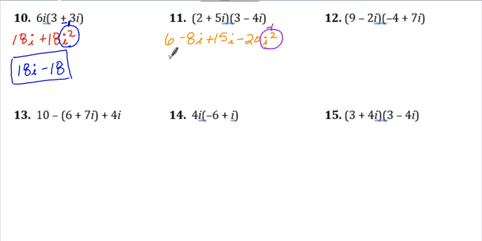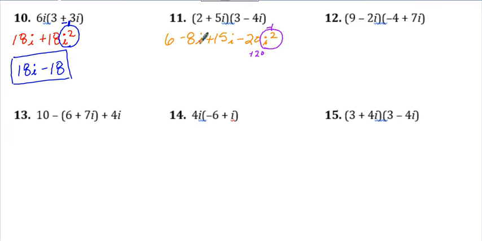So let's gather up our constants. We have a 6. You're connected to an i, and you're connected to an i, so you can't combine with the 6. And this negative 20 times negative 1. What does that become? Negative 20 times negative 1 will become a positive 20, right? So let's combine this 6 with this 20, and no one else.